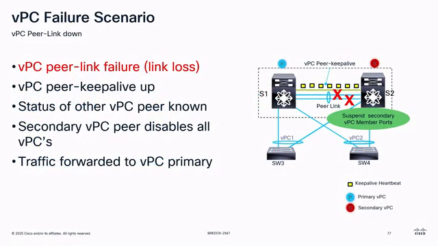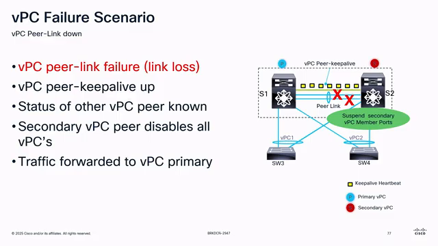Now let's look at the failure scenarios. I'm going to walk through these pretty quickly. They're very simple scenarios. I have 2 VPCs connected in my network. You can see that the peer link channel fails. If the peer link channel fails, then I still have the keepalive, so I can detect that everything is working.